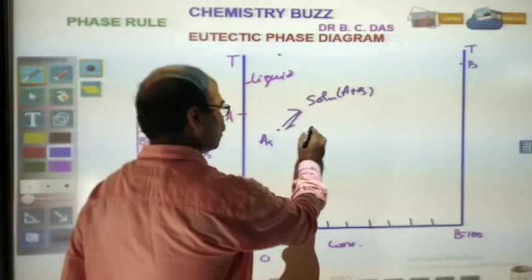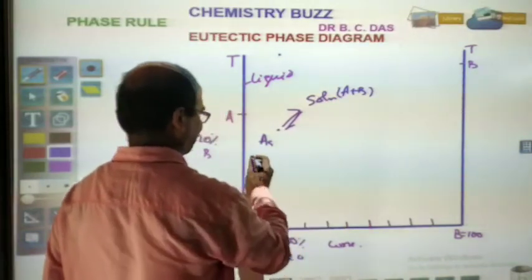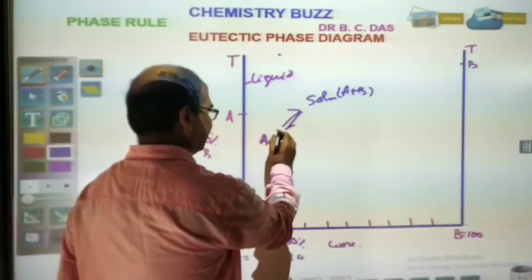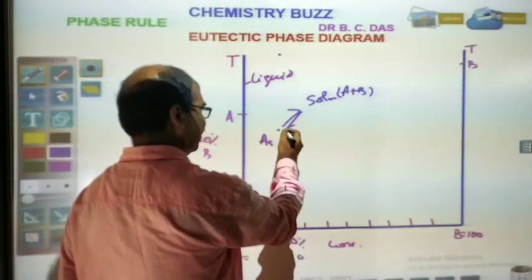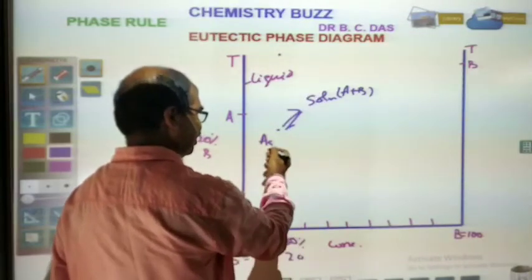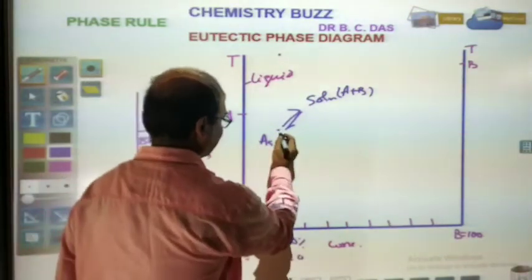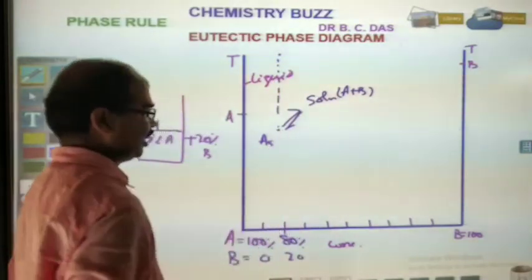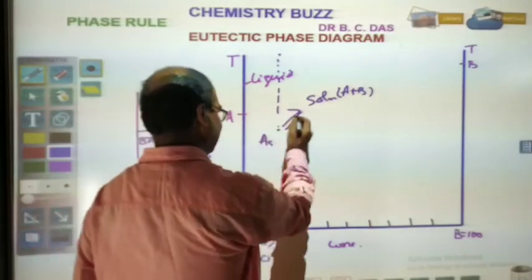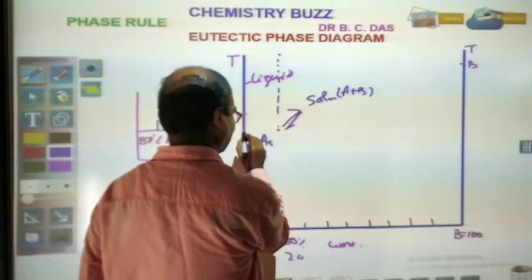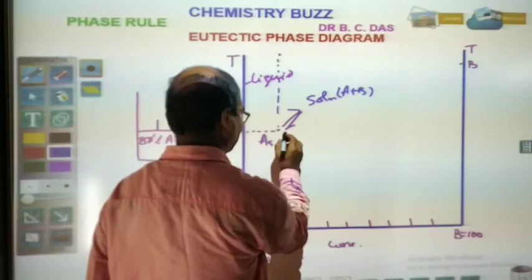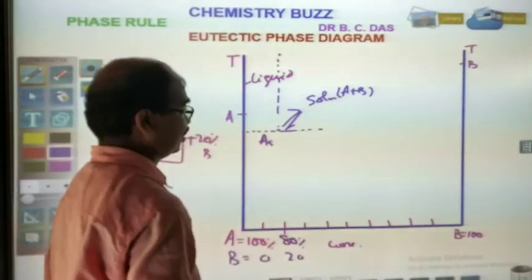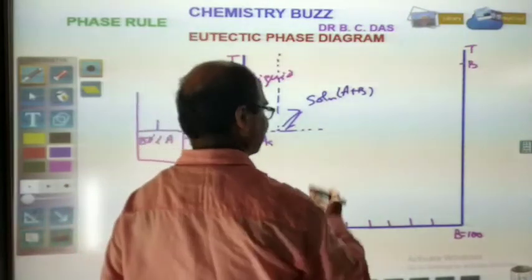So the percentage composition of the solution is changed, which I explained in the previous video. This is the point where the first solidification of A starts at this composition. The equilibrium is maintained corresponding to this temperature, and the percentage composition of the solution is shifted.